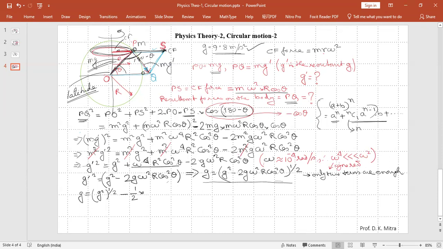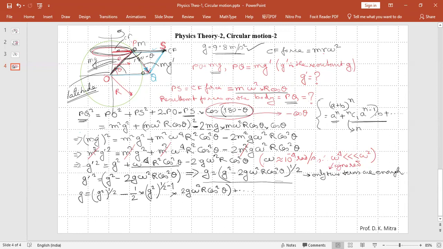My a is g square, so it is g square to the power half minus 1, multiplied by b, which is 2g omega square r cos square theta, plus other terms which you can ignore.